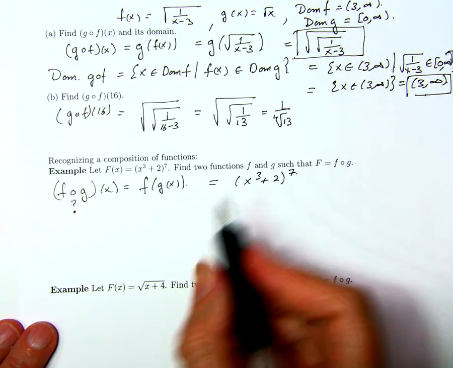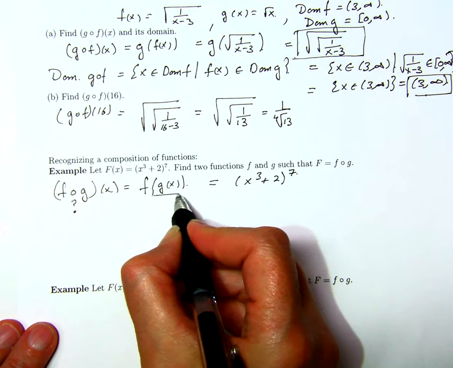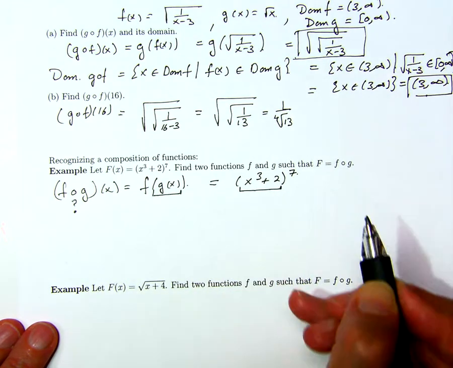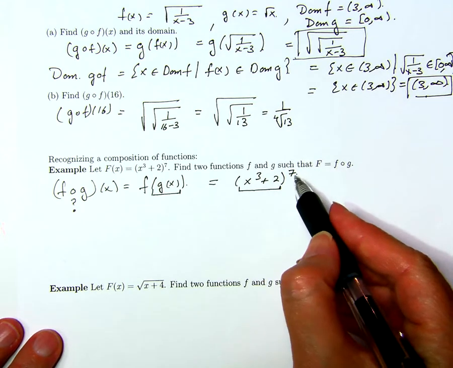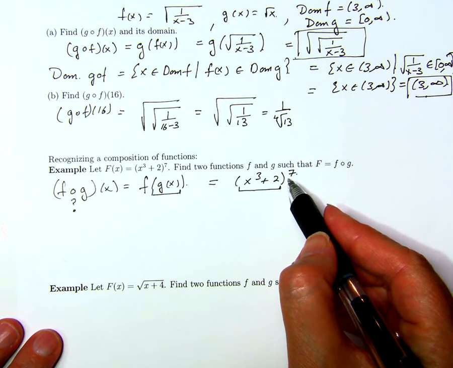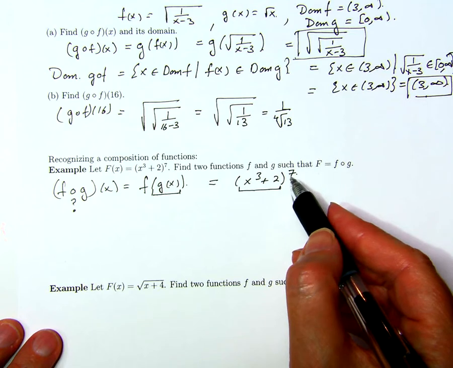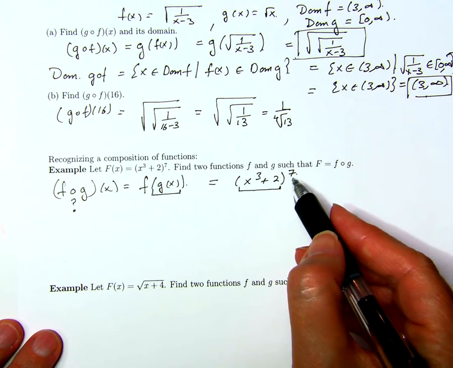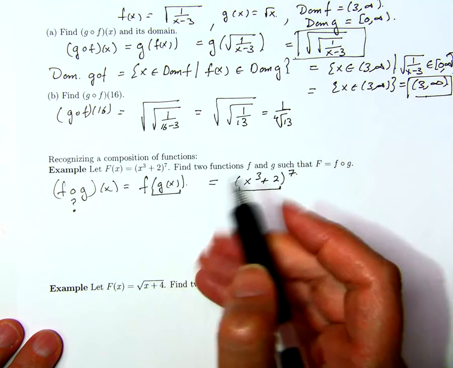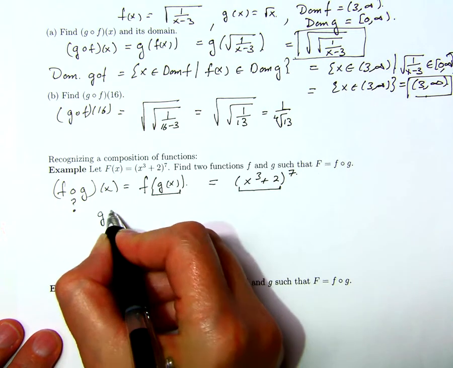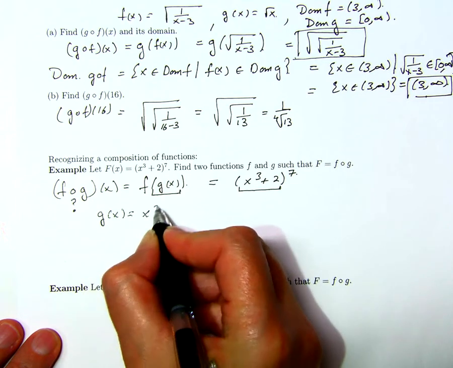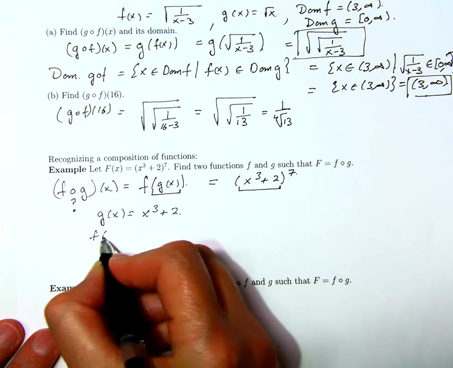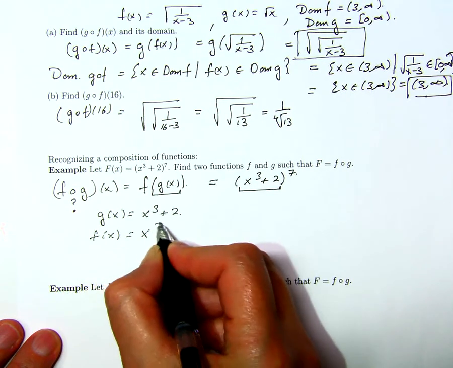Now, working from the inside out, we have x cubed plus 2 inside the brackets here, and if we apply the power function, where the power is 7, to that, we get our final answer. So one good guess is to let g of x equal what's inside the brackets here, x cubed plus 2, and let f of x be the power function x to the 7.